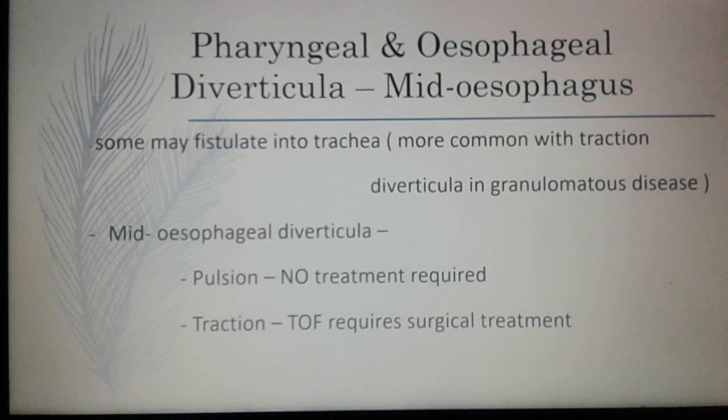But in some patients, especially with traction type diverticula in granulomatous disease, the patient may present with a fistula between trachea and esophagus, and in that case surgical treatment is required. So take home message: if pulsion, no treatment required. If traction type diverticula in the mid-esophagus presenting with tracheoesophageal fistula, surgical treatment.